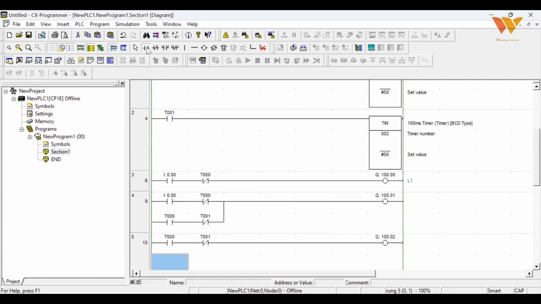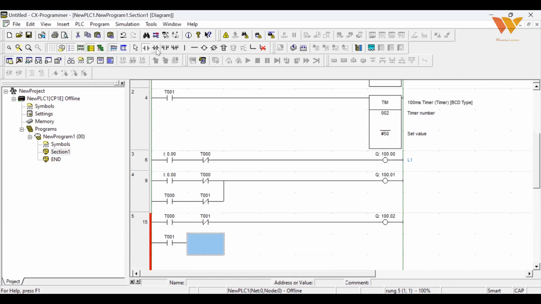Next is again L3 and L1 should be on, correct? So here I'll take T1, then I'll take T2. L3 is on now. Simultaneously, I have to make L1 also on.